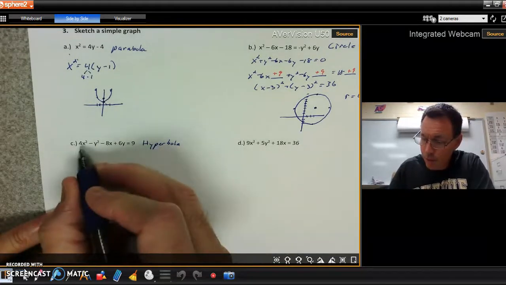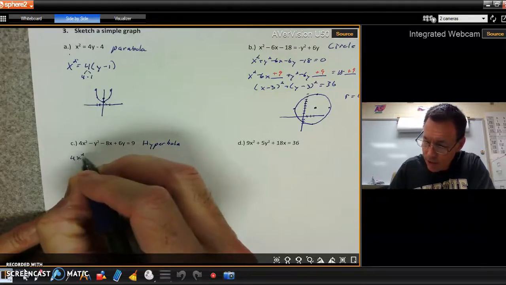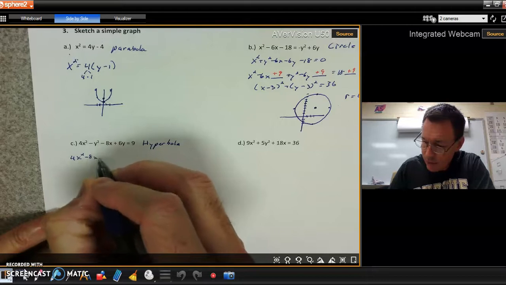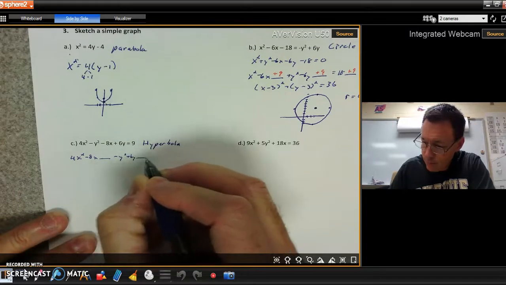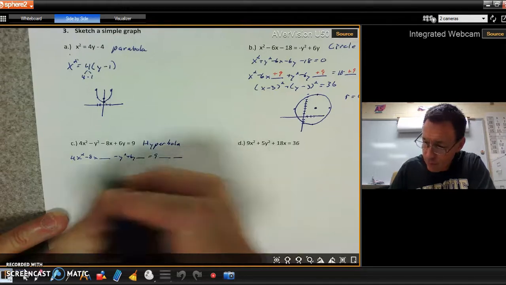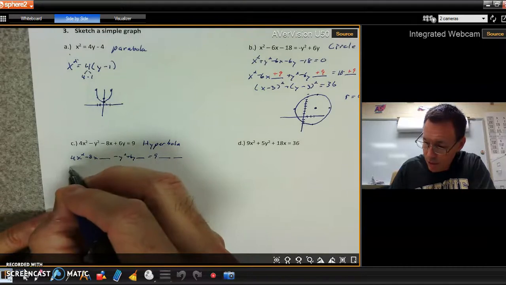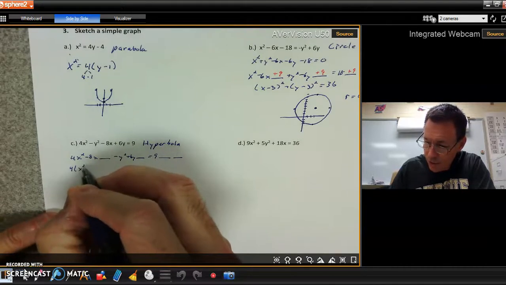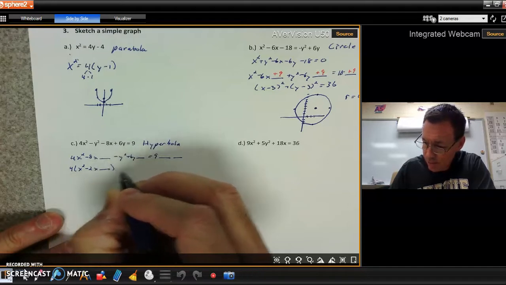Now, with a hyperbola, remember, we always put the positive one first. So we're not putting the x first because it's the x. It's because it's the positive. Not ready to complete the square. I need to get my squared terms by themselves. So this will be x squared minus 2x. We're going to factor out that negative.